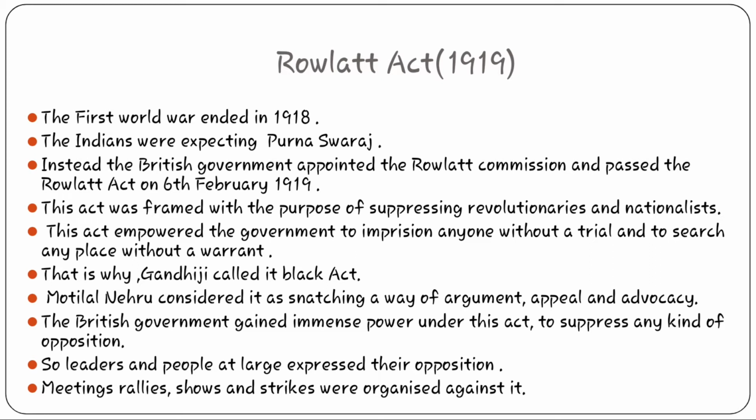So, Gandhiji called it Black Act. What is another name for Rowlatt Act? Black Act. Why did Gandhiji call it Black Act? Because in any situation, a person could be arrested and jailed without any trial against him. That is why Gandhiji called it Black Act. Understood?